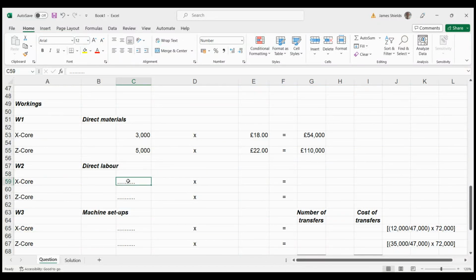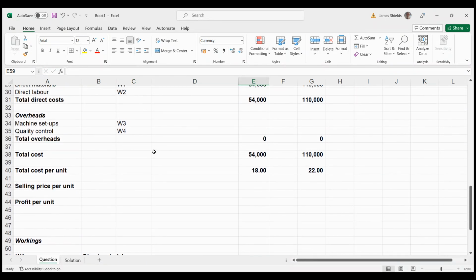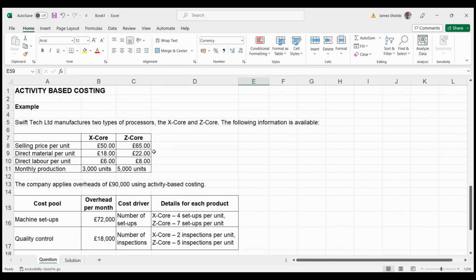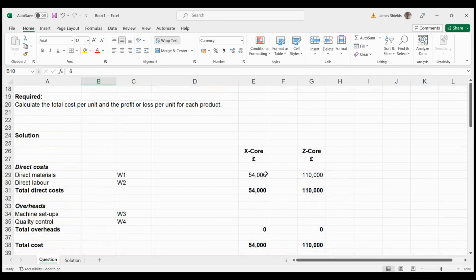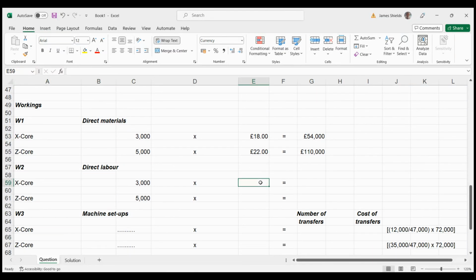So given the number of units, X core we've got is 3,000. And Z core is 5,000. Now, direct labour per unit for X core, we need to go back to the question. So direct labour per unit is £6.